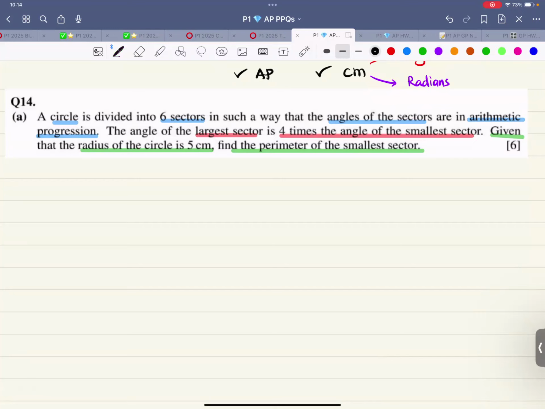Now, first of all, it says there are 6 sectors. Now, 6 sectors means there are 6 terms in this AP. That is the first knowledge that I got. Of course, it's an AP. That is also a piece of info. And we are talking about the angles. These angles are the terms.